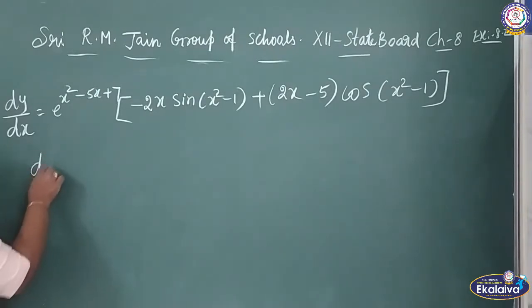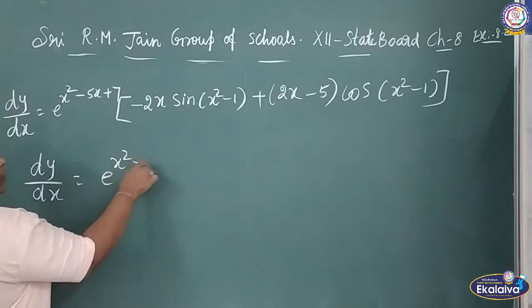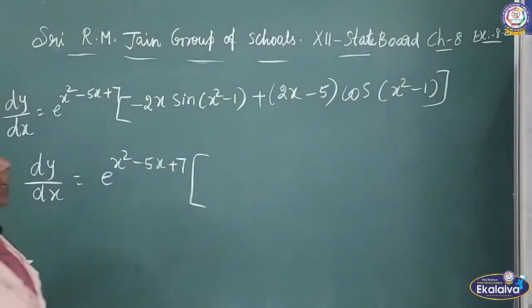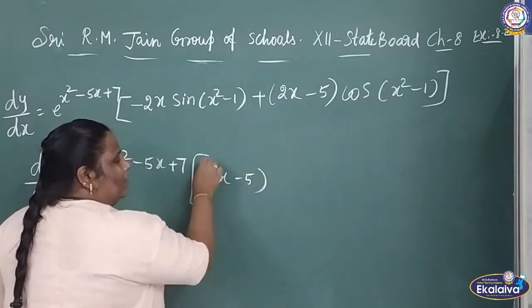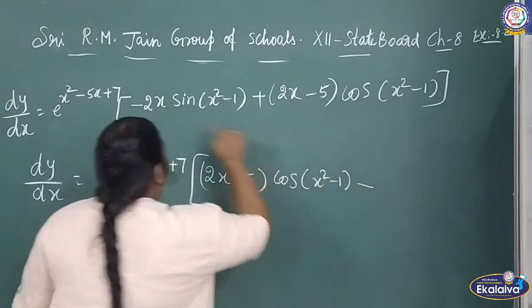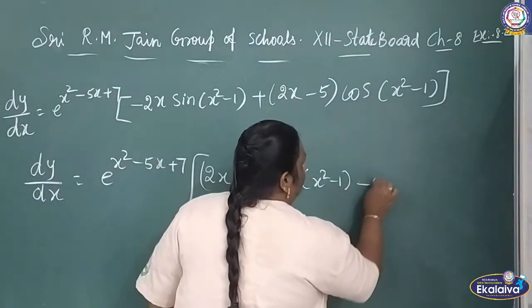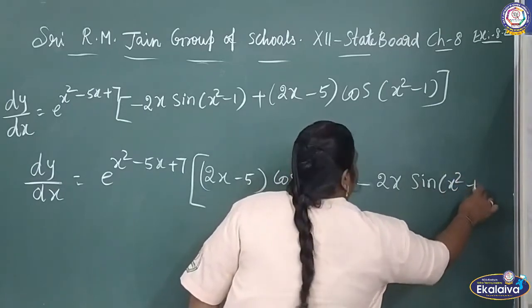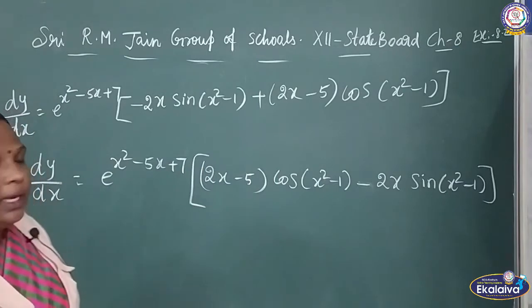So, dy by dx equals e power (x square minus 5x plus 7) into, you write the first positive, (2x minus 5) into cos of (x square minus 1) minus 2x into sin of (x square minus 1).